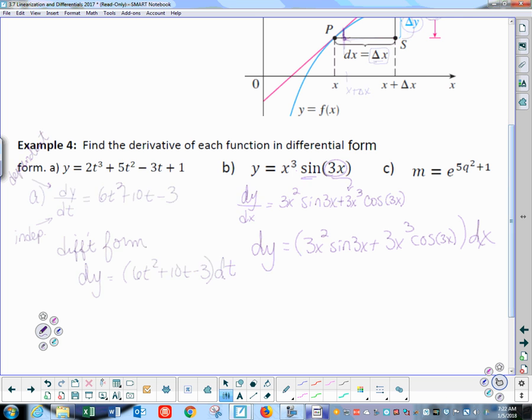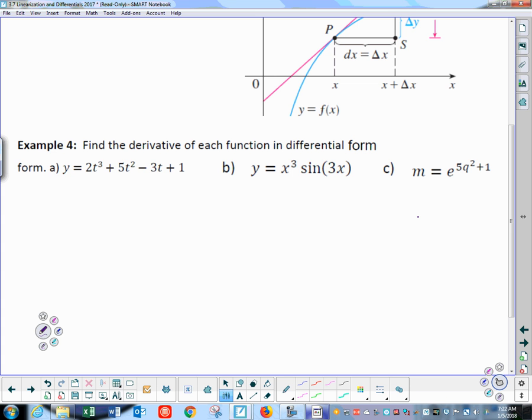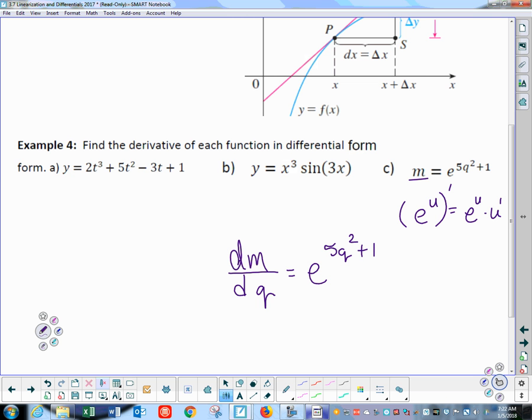And finally, C, we got an e function. Okay, what's the rule for taking the derivative of e to some function? It's e to the u times u prime. So ours is going to be dm. Oh, there's q, so dm/dq is equal to e to the u, so e to the 5q squared plus 1, and then the chain rule would generate a 10q times the e to the u.